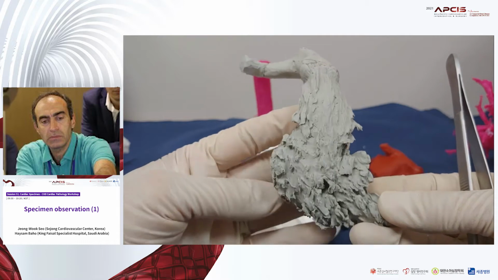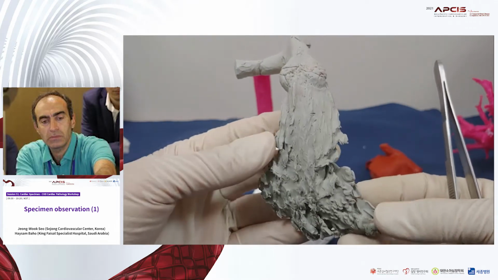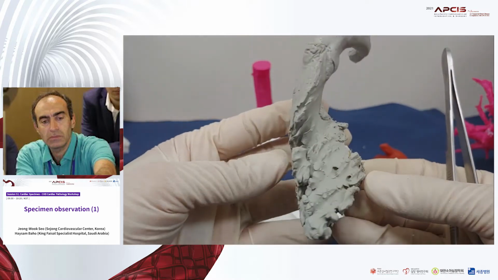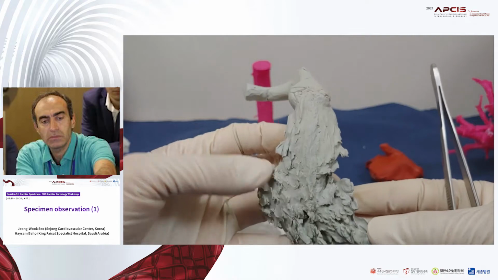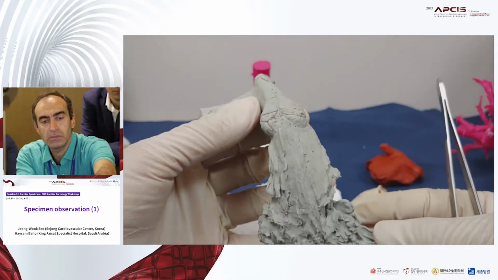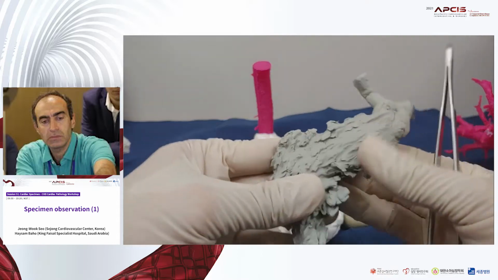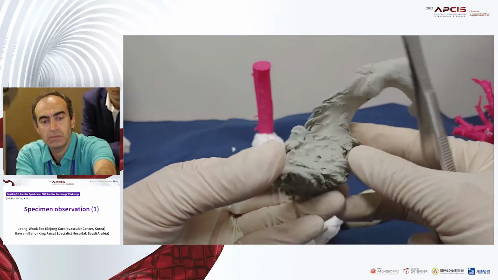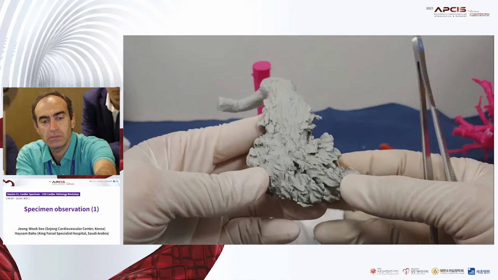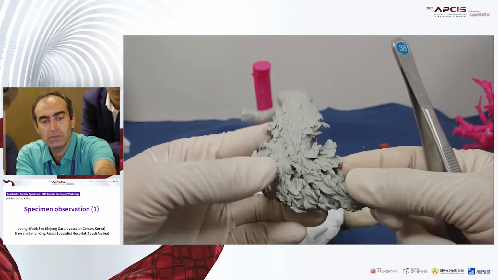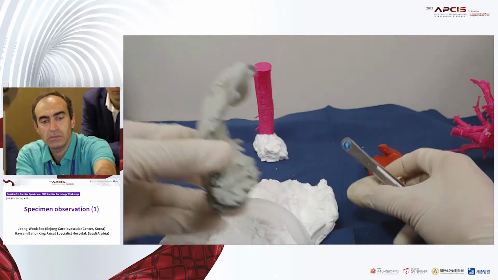However, the disadvantage of this type of casted model is you can do it only once. We cannot repeat that several times because we have to destroy some of the internal structures of the heart, like the trabeculations or the papillary muscle. This is, as you can see, a rubbery and flexible model. Let's look at the left ventricle side, and here it is.